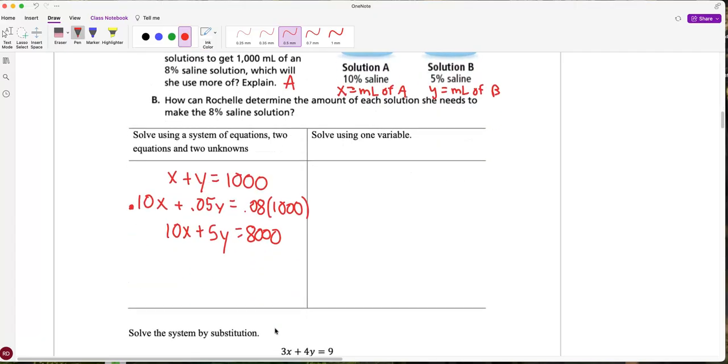So the easiest equation to solve is to solve one of these first ones. You know that y equals 1,000 minus x. So I can rewrite this equation, 10x plus 5 times 1,000 minus x equals 8,000.